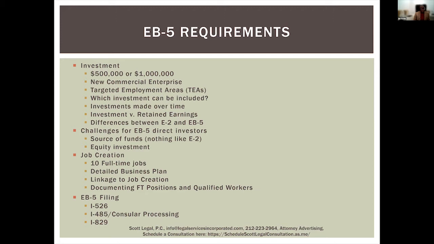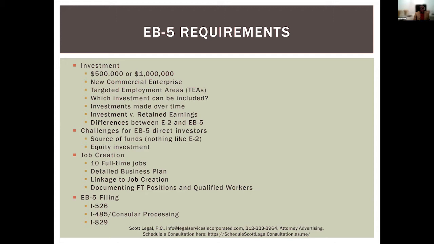The other key thing with respect to this is that the investment can be made over time. A lot of EB-5 direct cases start out as E2s, and they may be running as an E2 for some time, and then they decide that they want to apply for EB-5. One of our EB-5 cases is a situation where the investment was made over 20 years ago, and it was made at different times, and that's completely fine.